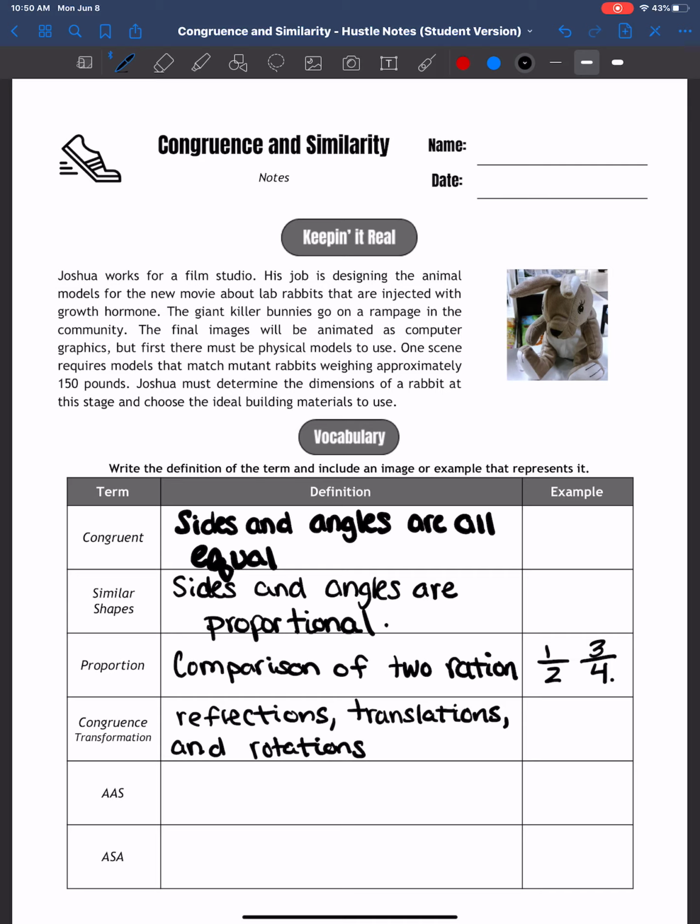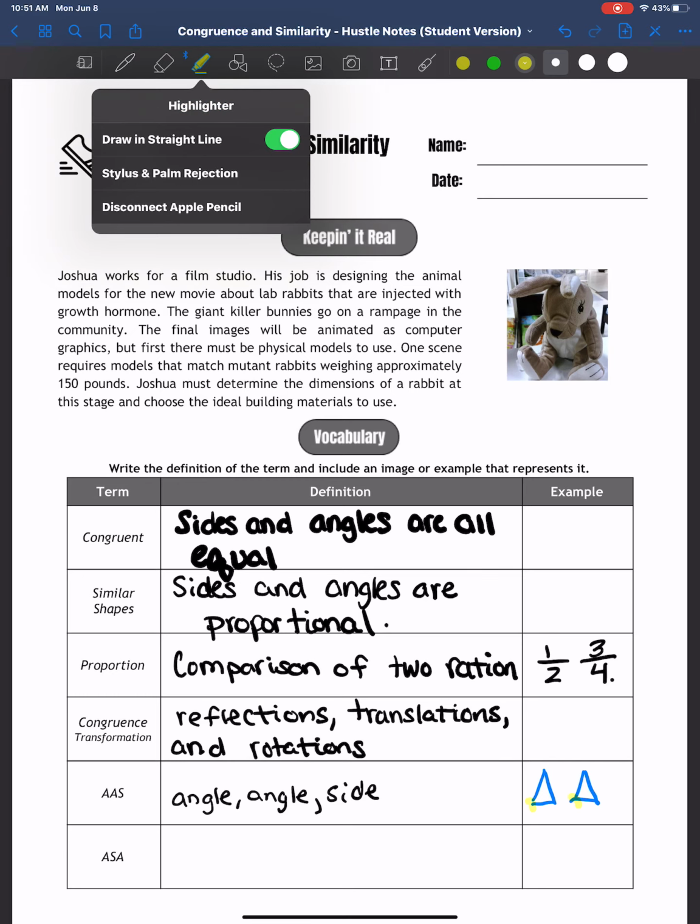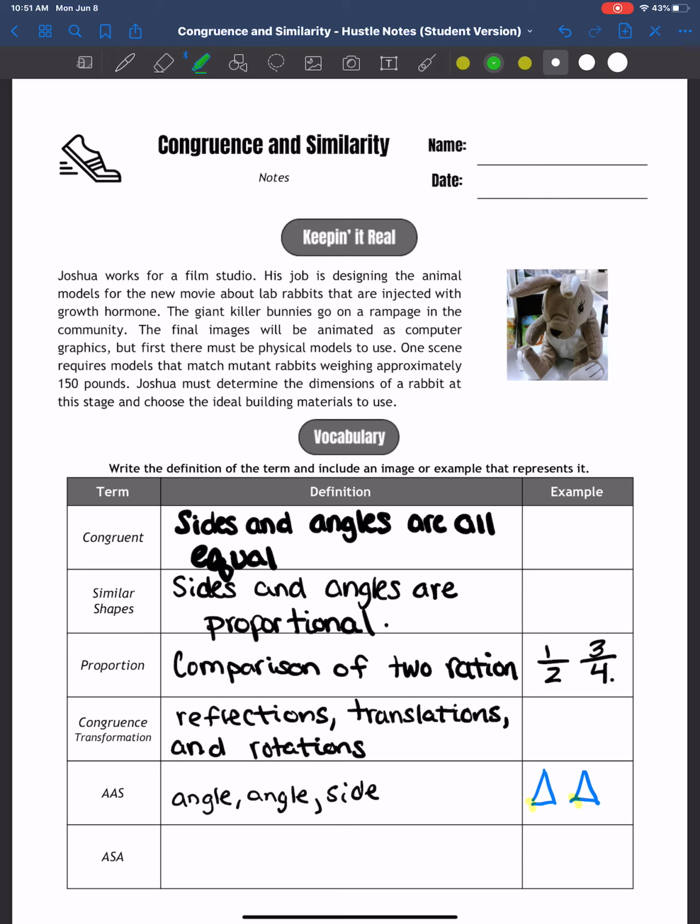AAS would be angle, angle, side, which means if I had two triangles or two of any shape, my angle would be congruent, the angle next to it would be congruent, and then you would have the side, which would also be congruent, okay? So your little tick marks, those are how you're going to tell.